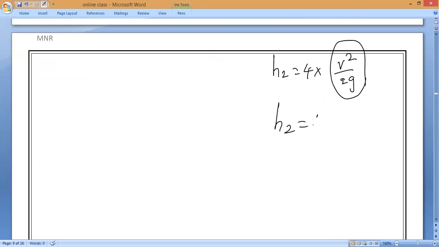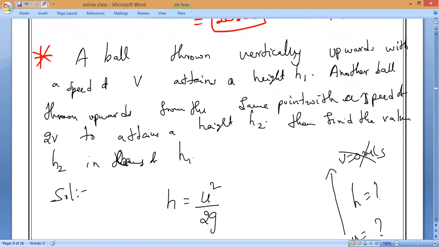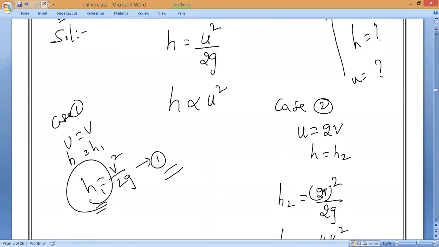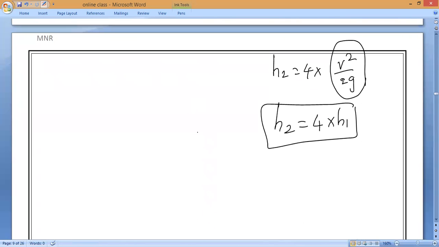So, in place of v square by 2g, I can write h1. So the height is 4 times h1. What is the question? Find the value of h2 in terms of h1. So the height h2 is 4 times greater than h1. Are you clear?